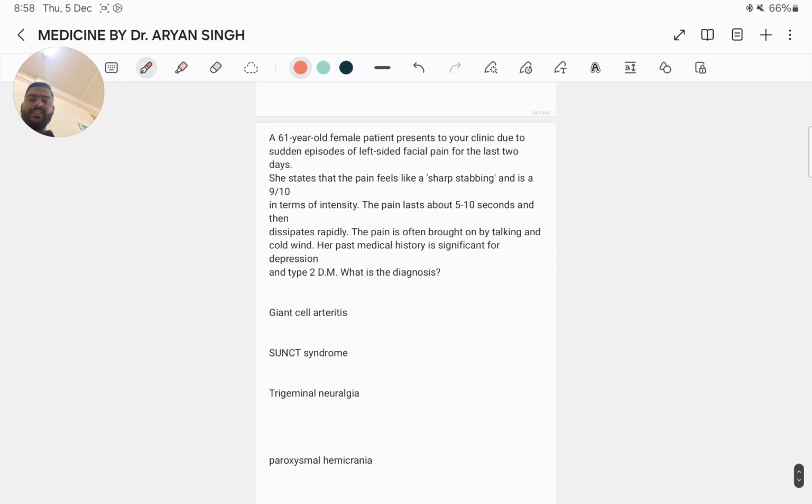Next question. A 61-year-old female patient presents to your clinic due to sudden episodes of left-sided facial pain for the last 2 days. She stated that the pain feels like a sharp stabbing and is 9/10 in terms of intensity. The pain lasts about 5 to 10 seconds and then dissipates rapidly. The pain is often brought on by talking and cold wind. Her past medical history is significant for depression and type 2 diabetes mellitus. What is the diagnosis?